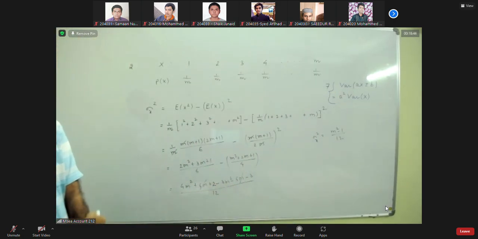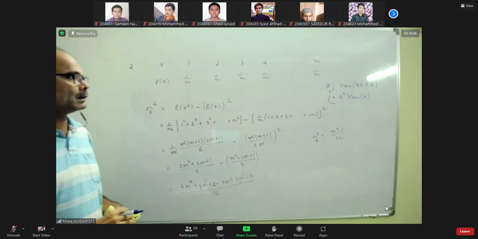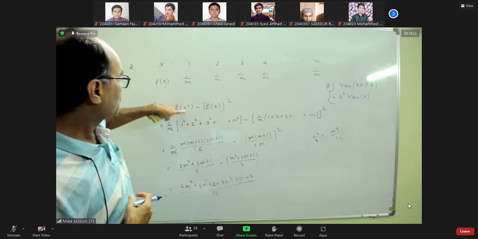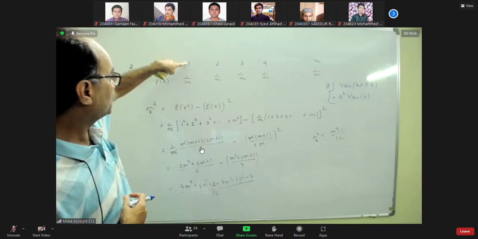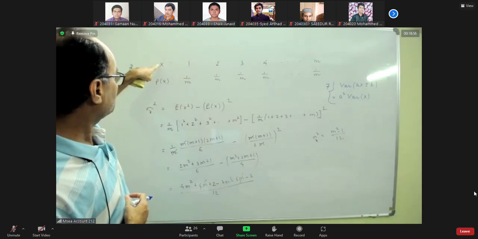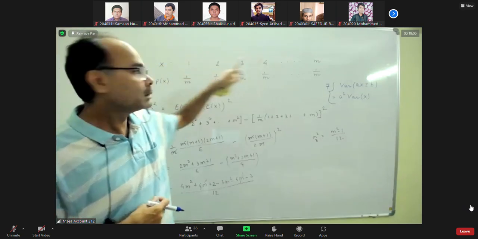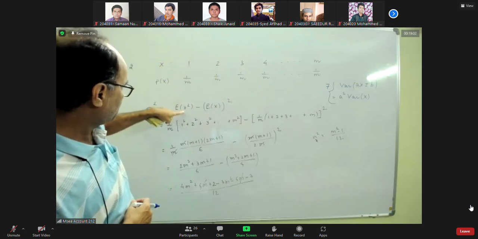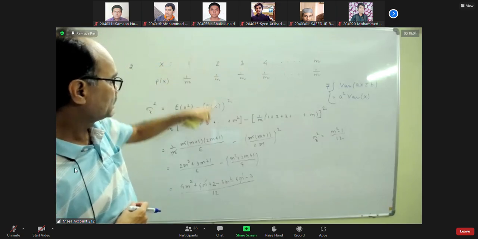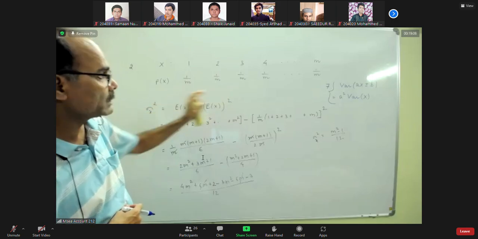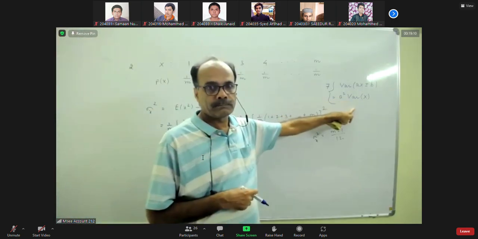Variance of ax plus or minus b. See, a square will be multiplied because this is a square. If you multiply the variable with a, a square will be multiplied in all the terms, and a square will obviously be common.